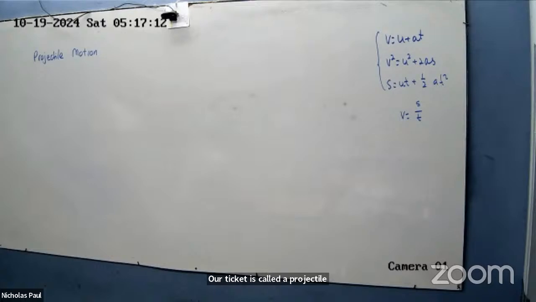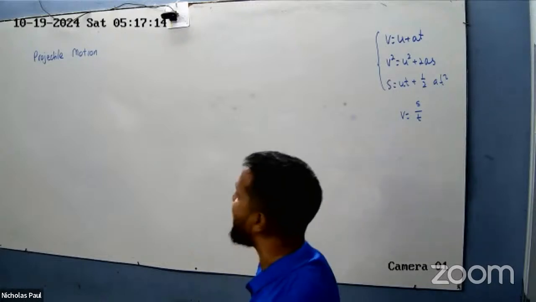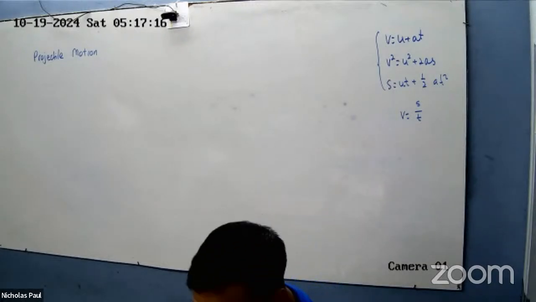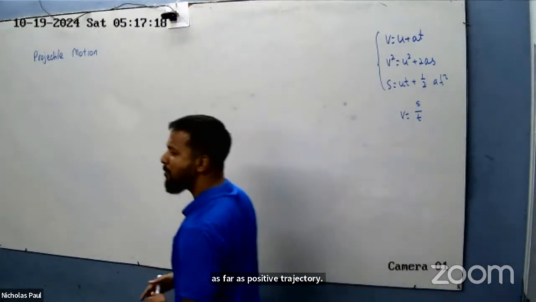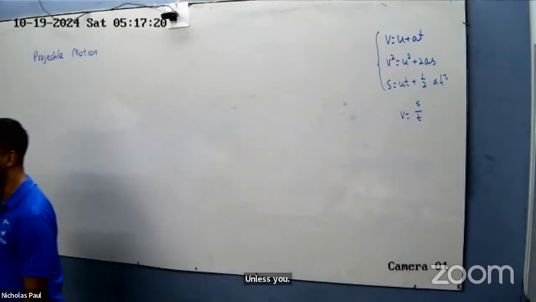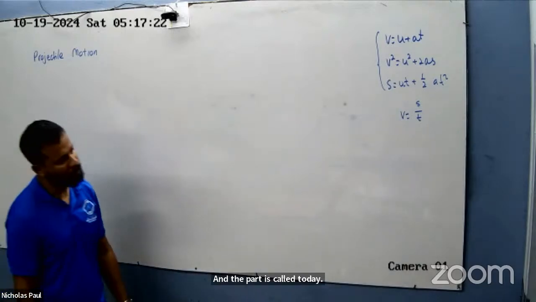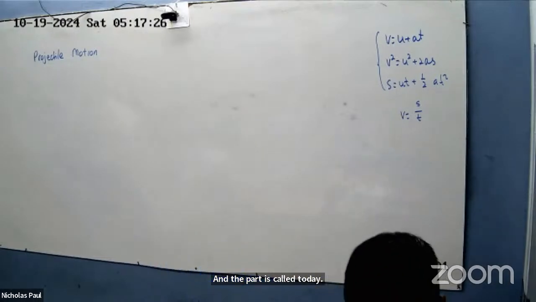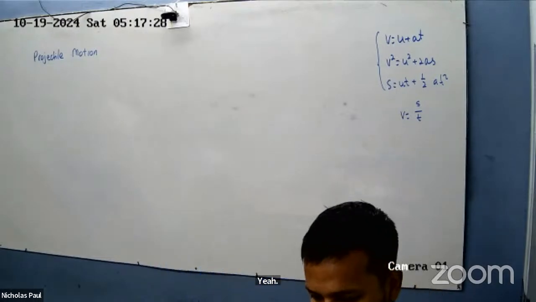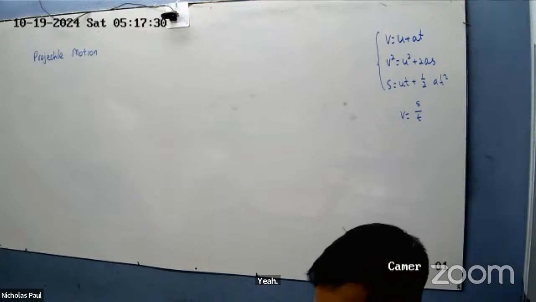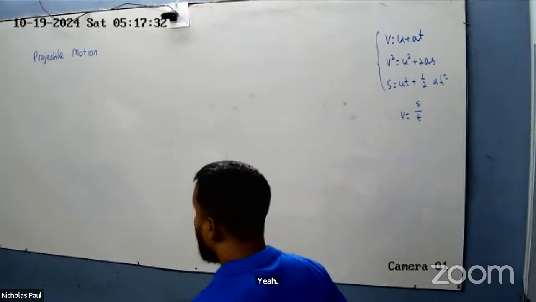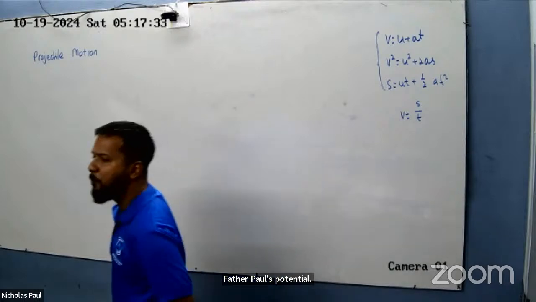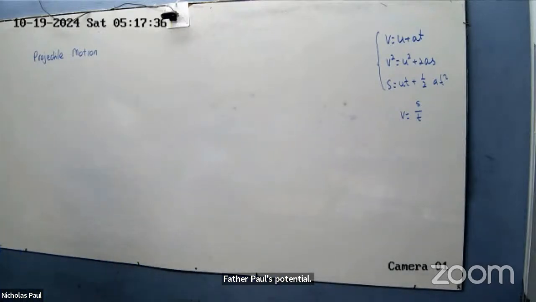And its path is called a trajectory. Projectile motion, that's it.